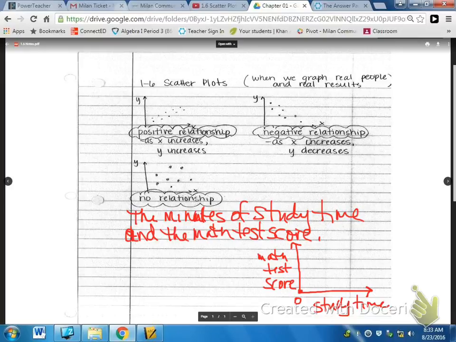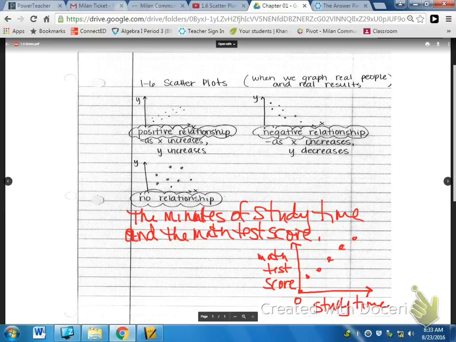Maybe it's fortunate for them, but generally, somebody that doesn't study at all, what should their math test score be? Low. And as they increase, 10 minutes, 20 minutes, 30, 40, 50 minutes, what should happen to their math test score? Yeah, overall, it should have a general trend upward.